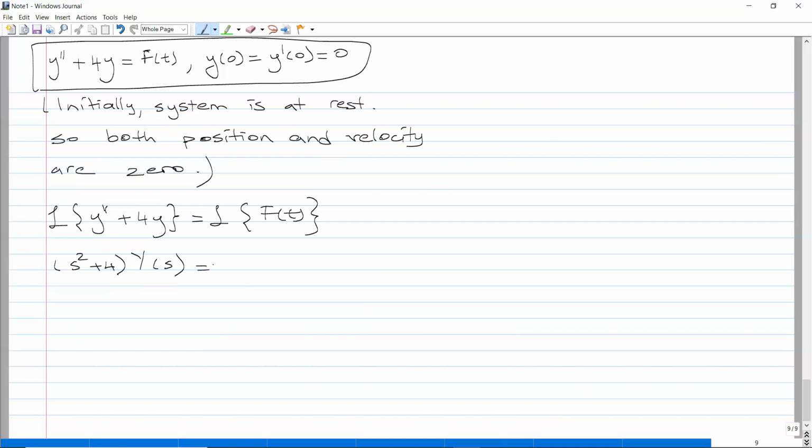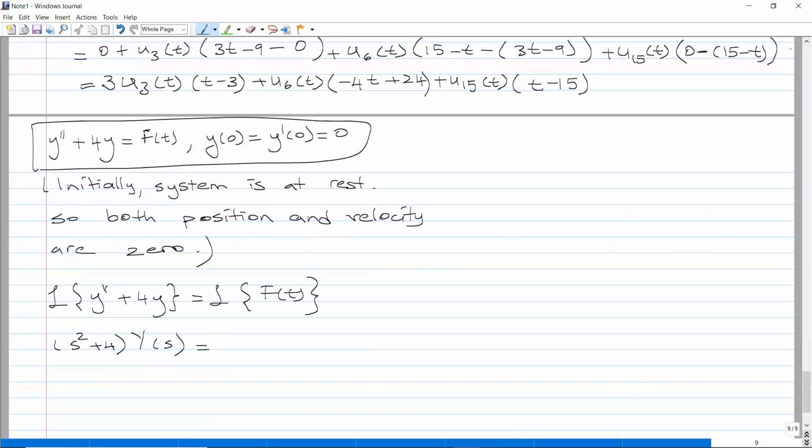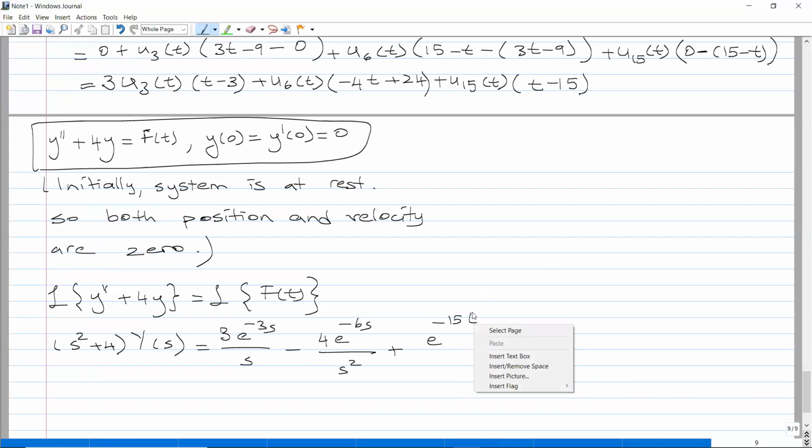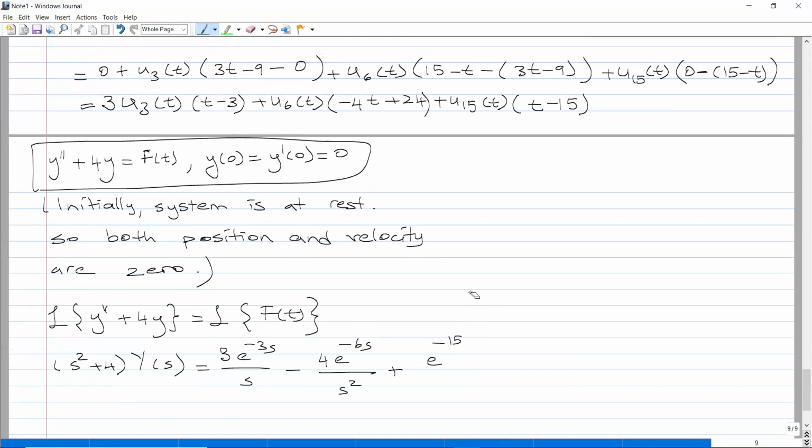And the right side we did above: 3 e to the minus 3s over s, minus 4 e to the minus 6s over s squared, plus e to the minus 15s over s squared.